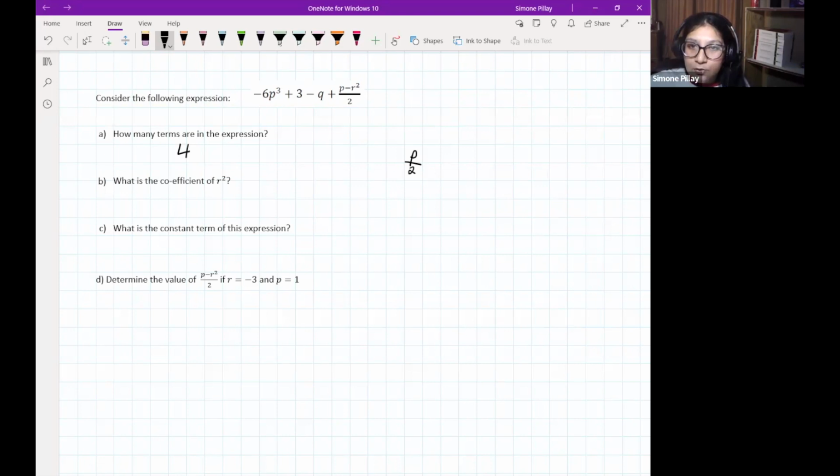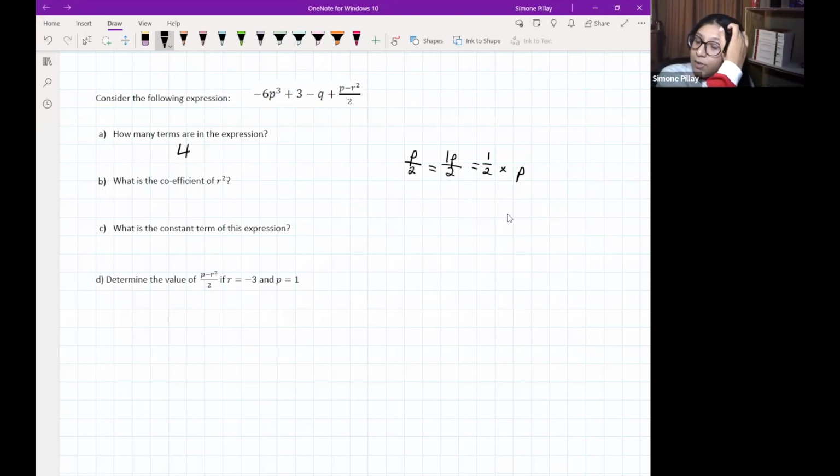If I have something like p over 2, what it actually means is it's 1p over 2, which actually means that I had a half multiplied by p. Think about it, it would have been a half times p over 1, and if you just multiply across, you get 1p over 2.